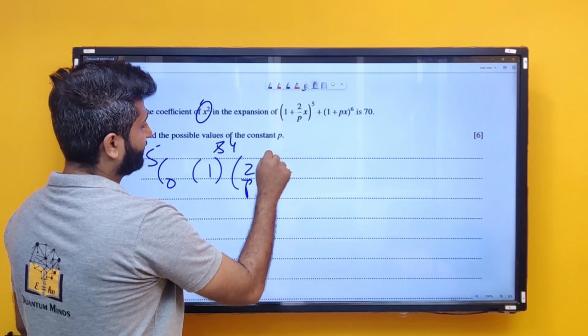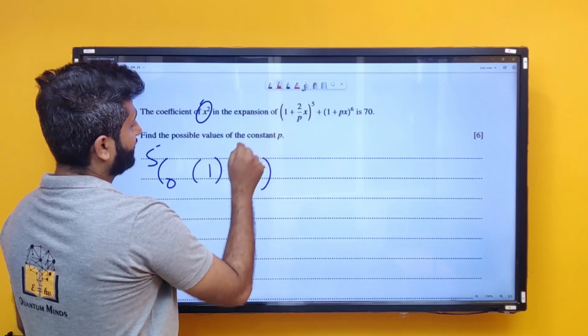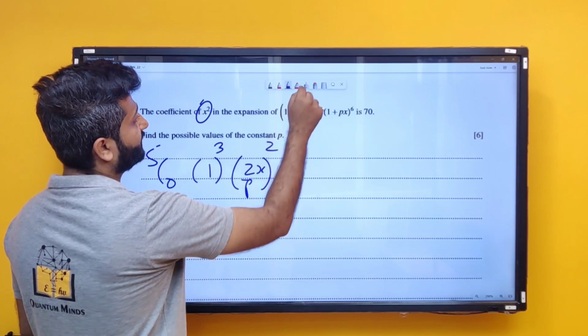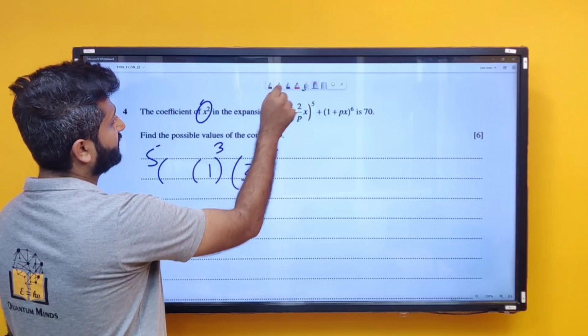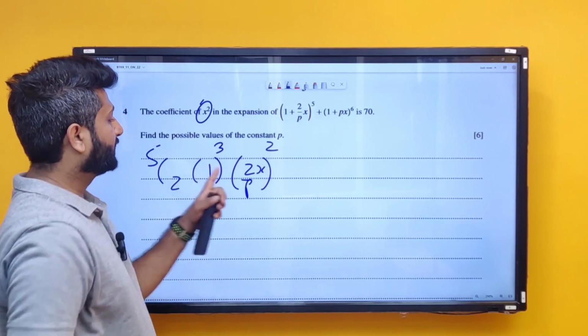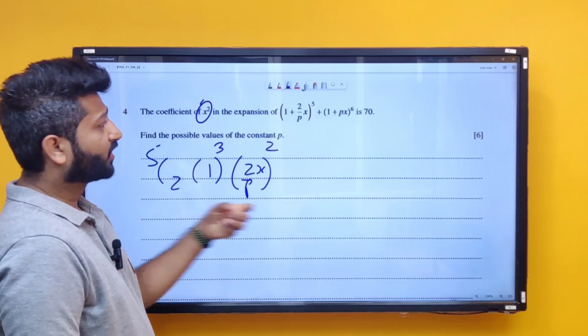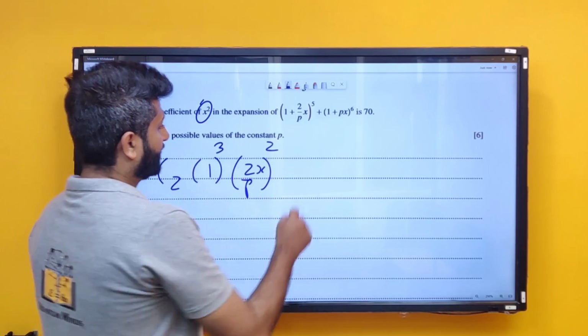But if I take this as 3 and this as 2, so 5c2, 1 power 3 and (2x by p) whole square will give me the coefficient of x square, right?